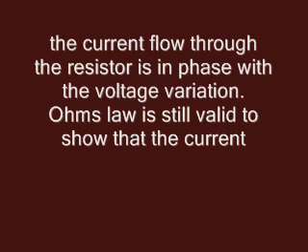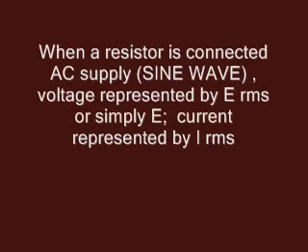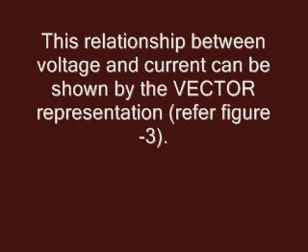The current flow through the resistor is in phase with the voltage variation. Ohm's law is still valid to show that, when a resistor is connected to an AC supply, sine wave, voltage is represented by ERMS or simply E. Current is represented by IRMS or I. This relationship between voltage and current can be shown by the vector representation.